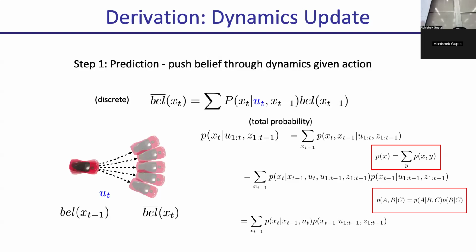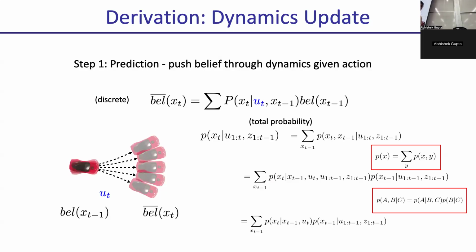In general, this is often called a push forward update. I'm going to weight xt minus 1 by their likelihood in my current belief, and then push them forward according to the dynamics.